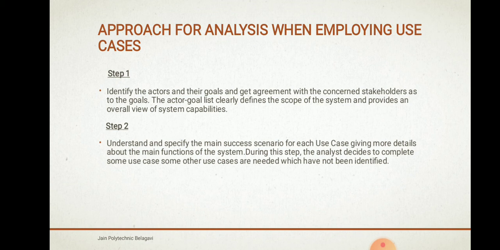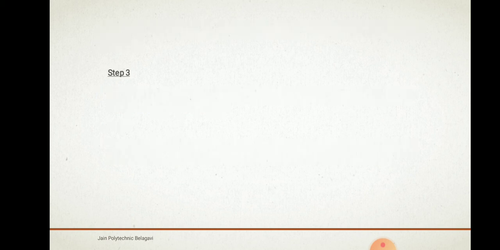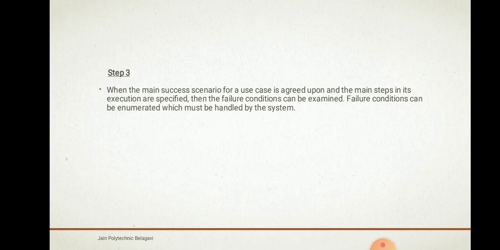For each use case there will be a success scenario which gives more details about the main functions of the system. During this step, the analyst will decide to complete some use cases which are needed but have not been identified. Step 3: when the main success scenario for the use cases is agreed upon and the main steps in its execution are specified, then failure conditions can be examined.